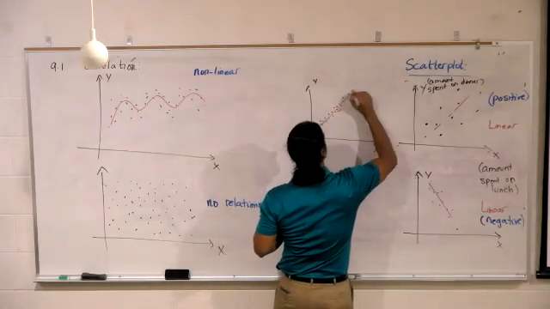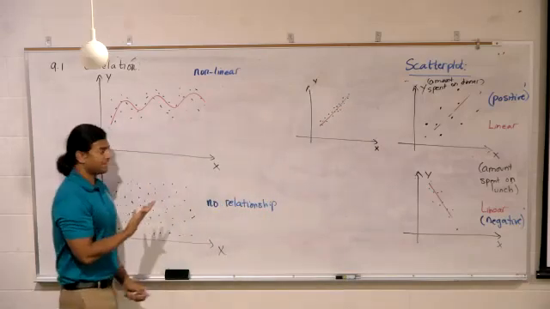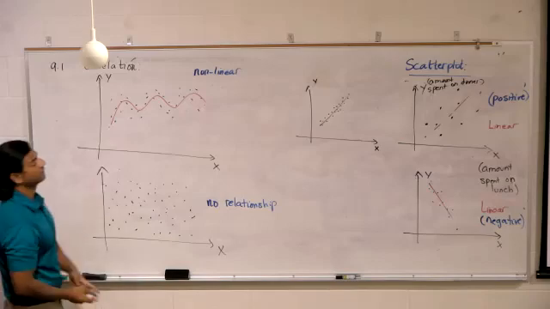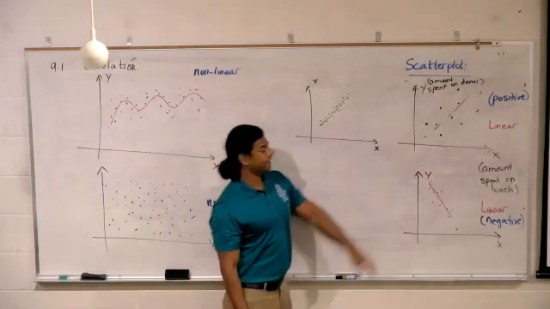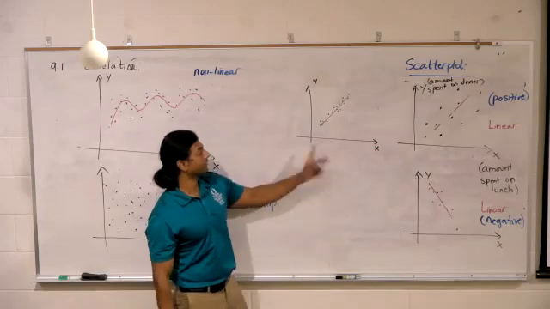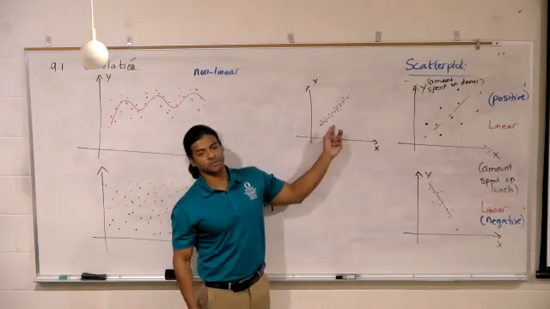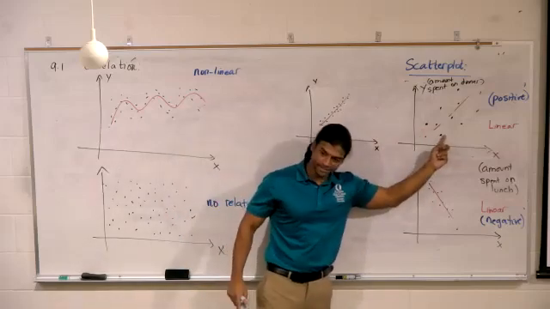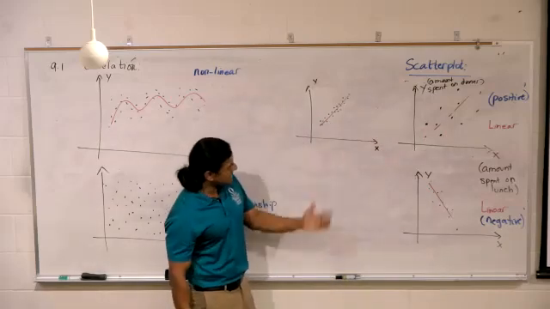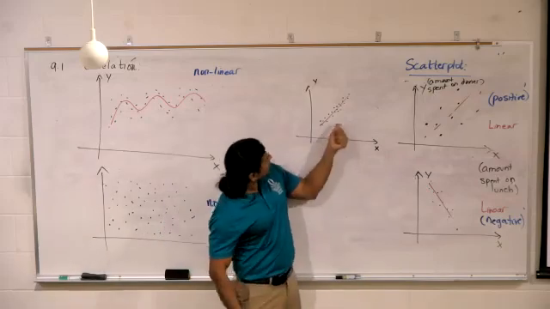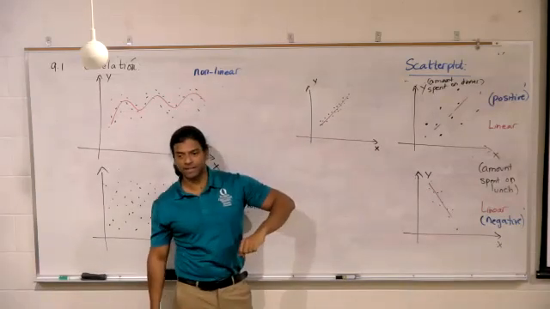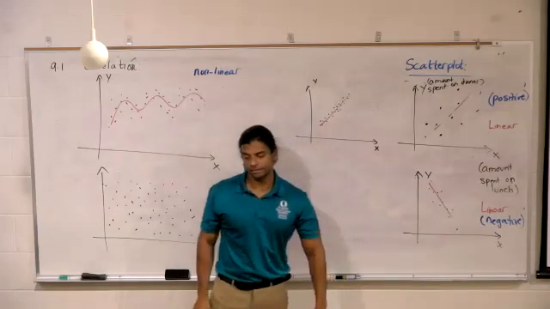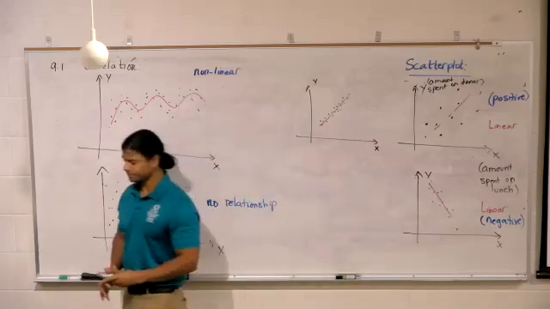So the strength of correlation is directly related to the variation that we observe. A lot of variation, not a lot of variation. Of the two, this one would have a stronger positive correlation compared to that one. In a similar manner, if I drew something like that in a different direction, that would have a stronger negative correlation compared to that one.